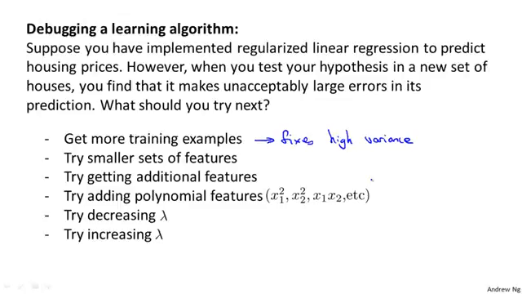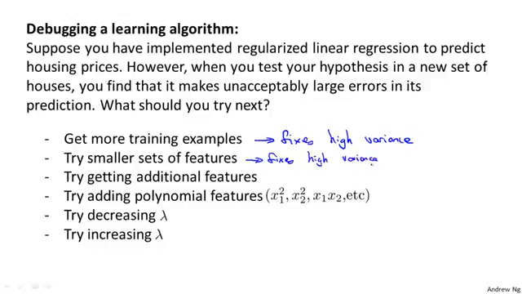So the first option is useful only if you, say, plot the learning curves and figure out that you have at least a bit of a variance, meaning that the cross-validation error is quite a bit bigger than your training set error. How about trying a smaller set of features? Well, trying a smaller set of features, that's again something that fixes high variance.